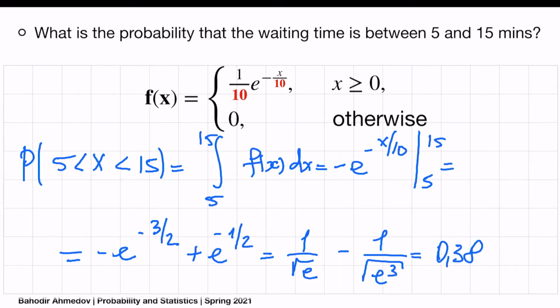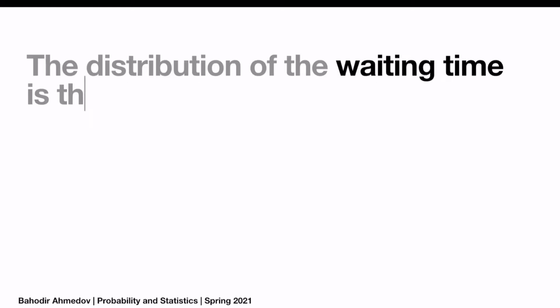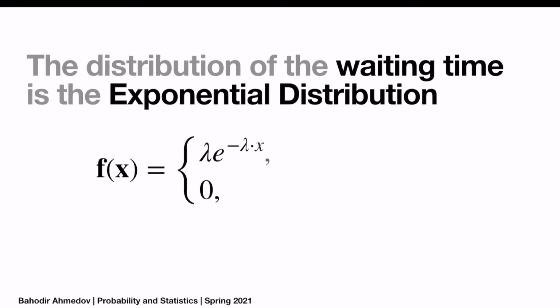In general, we can use this kind of distribution for any random variable which denotes the waiting time, and the distribution of the waiting time is called an exponential distribution, and its density function in general is given like this.